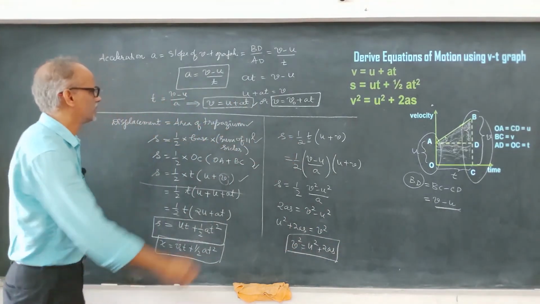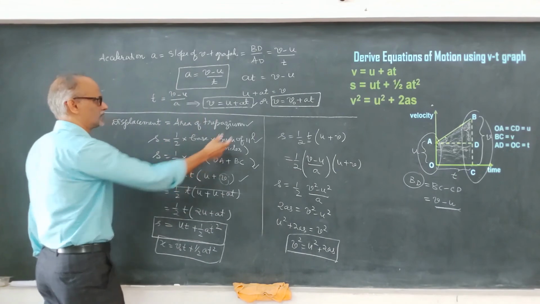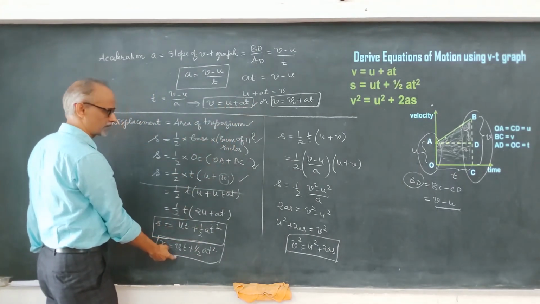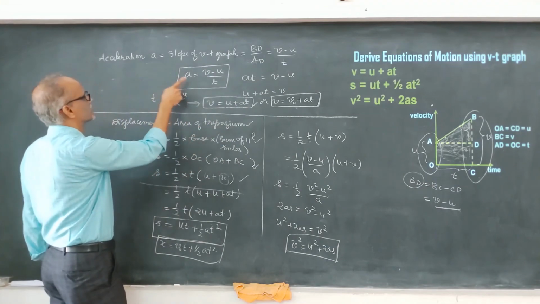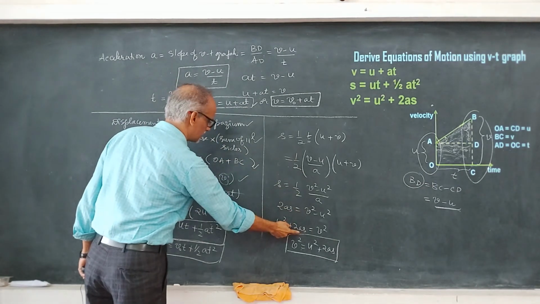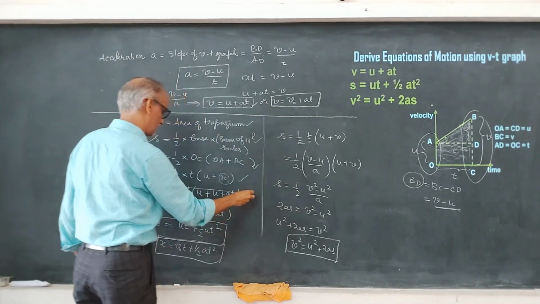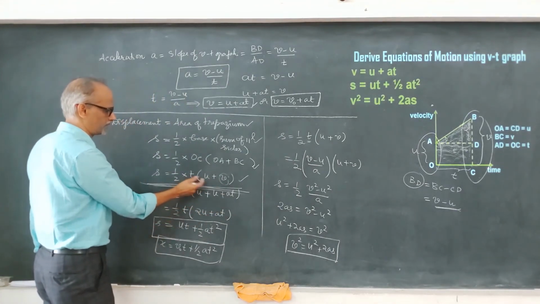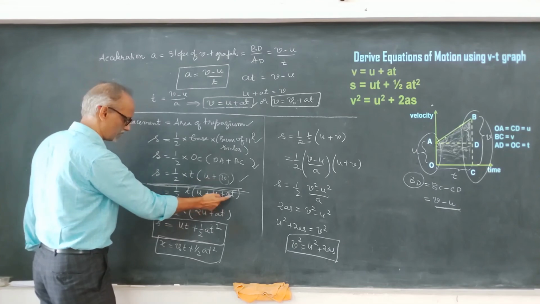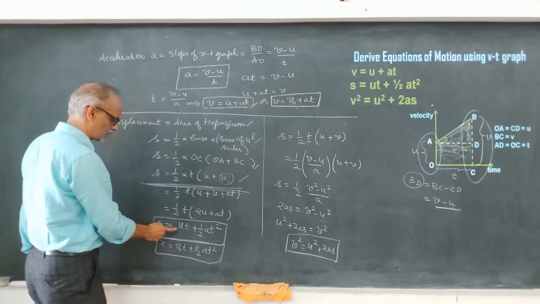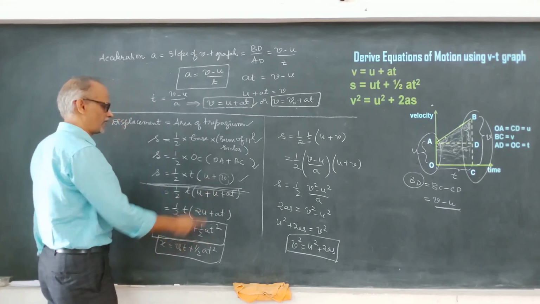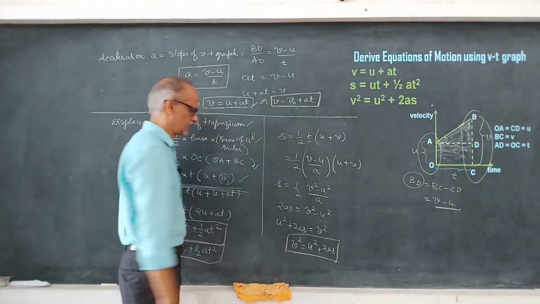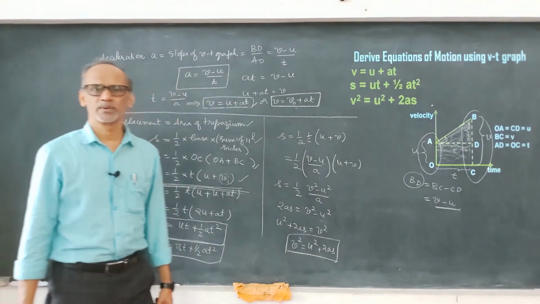So you can see, with the help of this equation we have derived the second, correct, and with the help of this equation we have derived the third, and while deriving, the steps here are the same. If you replace v as u plus at, you will end up with s is equal to ut plus half at square, and instead of v, if you replace t, then you will get v square is equal to u square plus 2as.